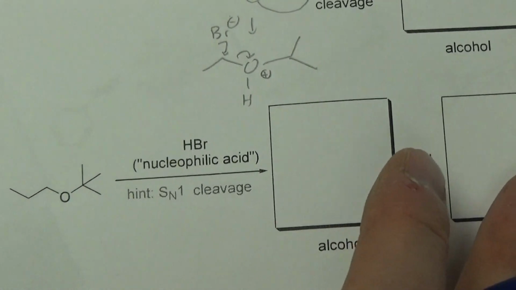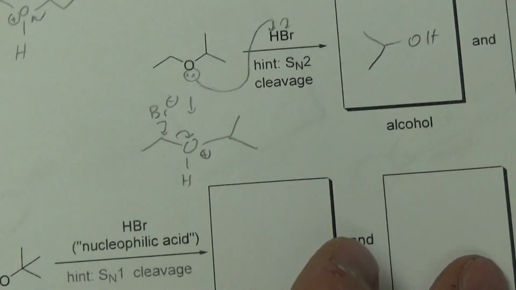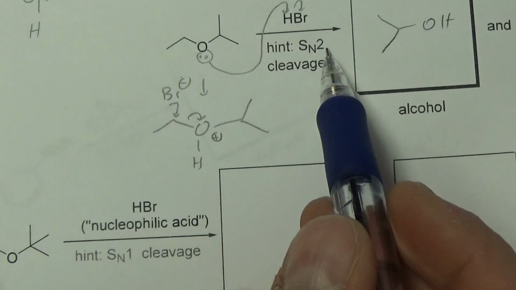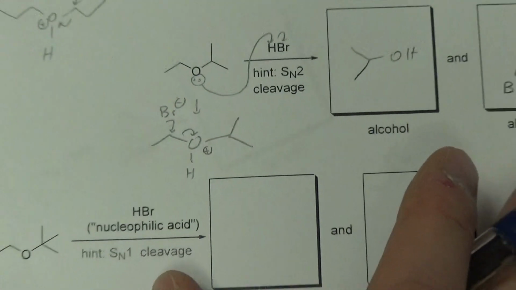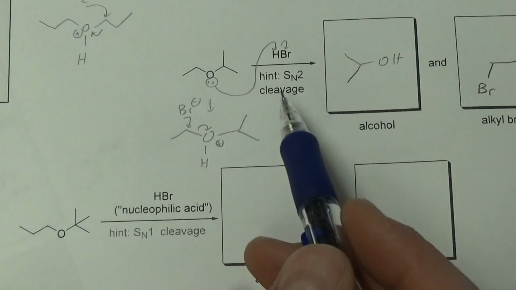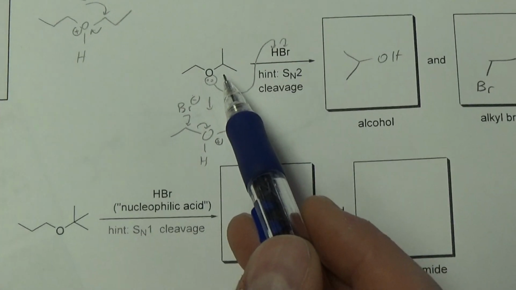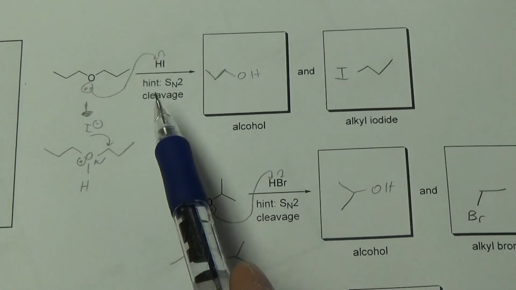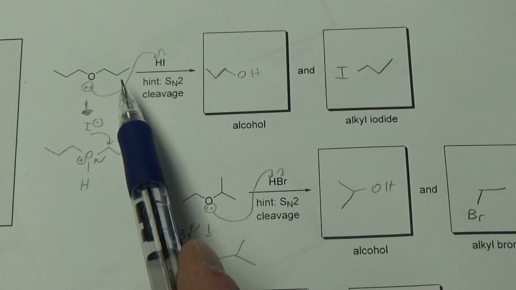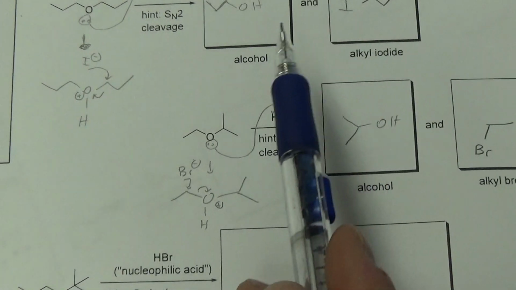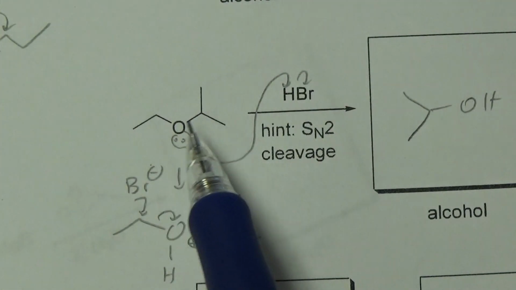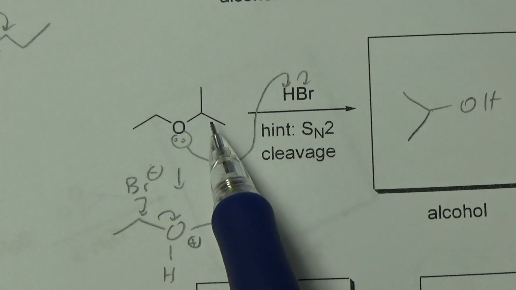Okay, so SN1. Why was the top one's SN2 cleavage? And this next one will be SN1 cleavage. What's the reasoning for that? Well, the top ones were either a primary on both sides, or in this case it's like a primary slash secondary ether, primary on the left, secondary on the right.